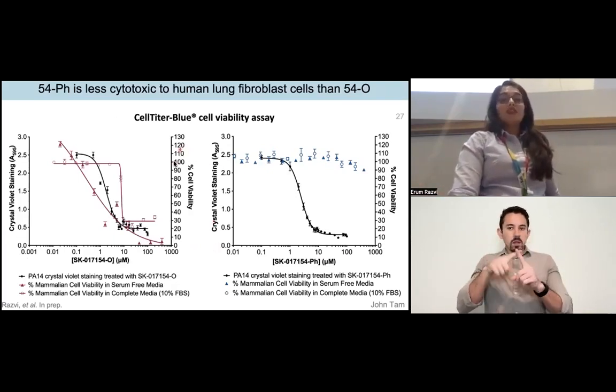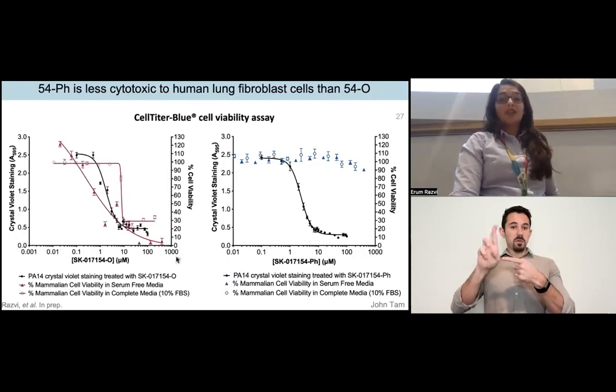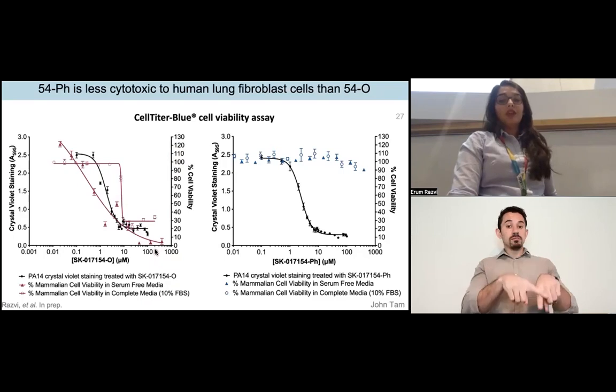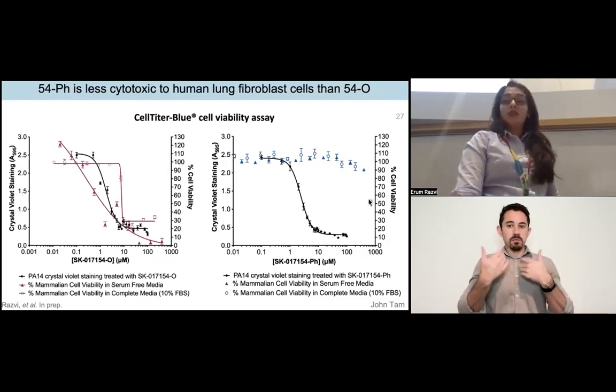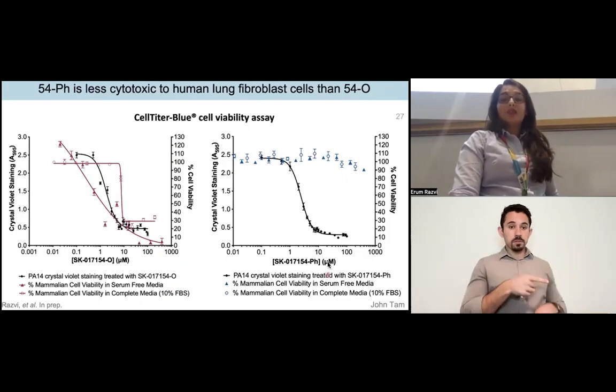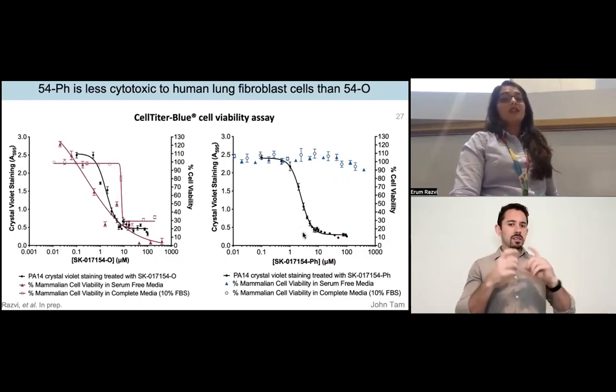Examination of the cellular viability of IMR90 cells treated with 54O revealed a concentration-dependent decrease in viability regardless of the media used. In comparison, 54PH did not compromise cell viability, even at concentrations where PA14 biofilm adherence is inhibited.